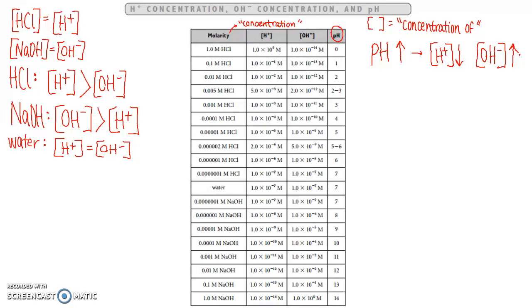For example, let's look particularly at the H plus column and then again this pH column. Take a second, even pause the video if you want, and see if you can see any similarities or connection between those two columns. Focus on the actual values, not just that it got bigger or smaller, but look at the numbers themselves. I'll hold off for a second, but see if you can find a connection here.